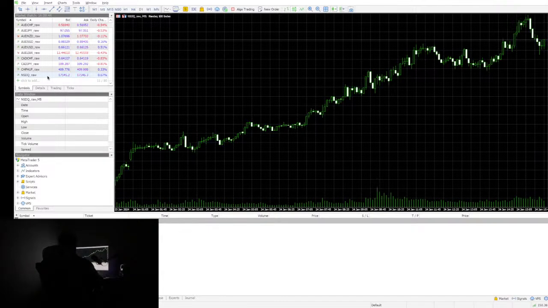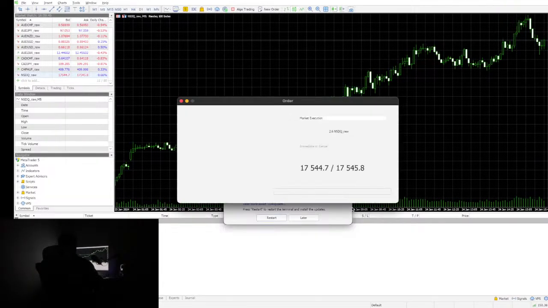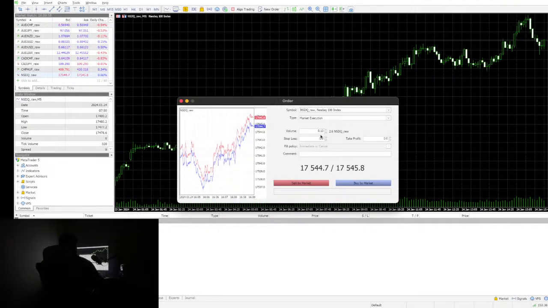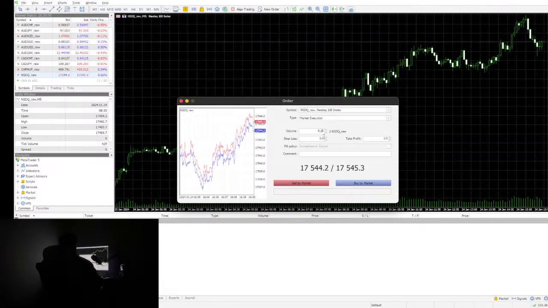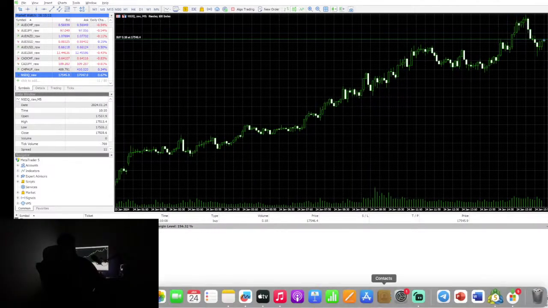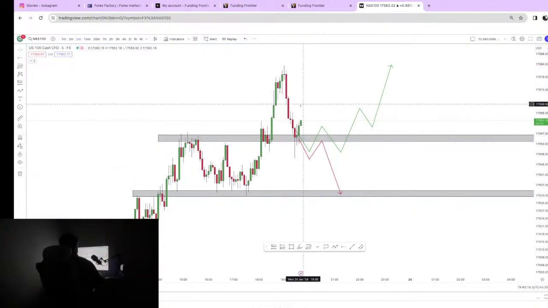I'll use 0.18 lot size for buying this trade. Okay. So I'm opening this 0.18 lot size, because our rules are rules.